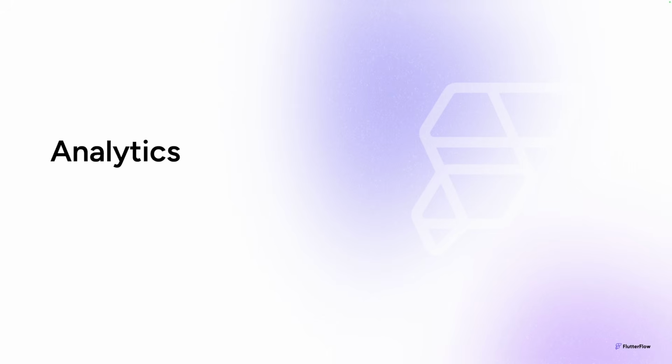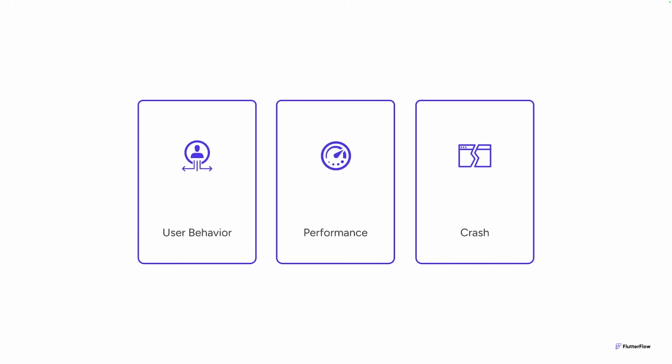Analytics involves collecting and analyzing data to understand user behavior and improve applications' performance. It is essential for making improved decisions and enhancing user experience. There are several types of analytics. User behavior analytics track how users interact with your application.